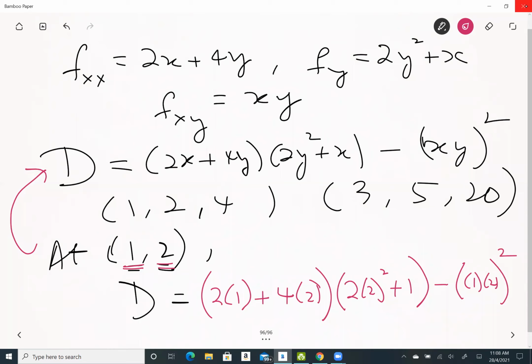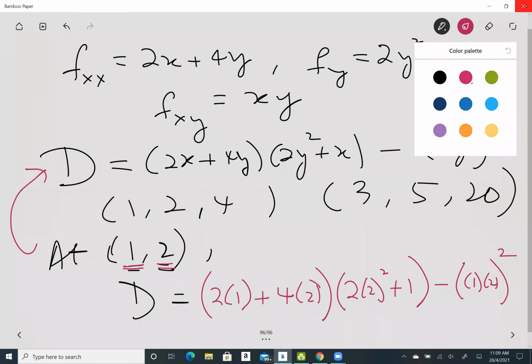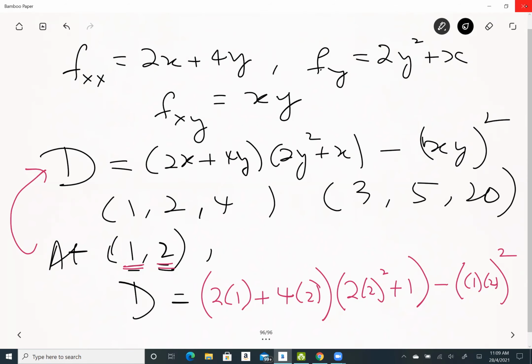So you see here, I have the fxx, fyy, fxy, everything has x and y. And it looks very long, but it doesn't matter. What you do, you substitute the x and y into that. So you get the value of D. And then when you want to find the fxx, what do you do?